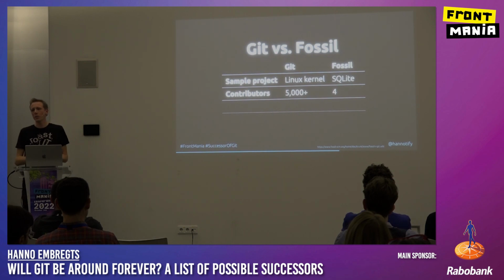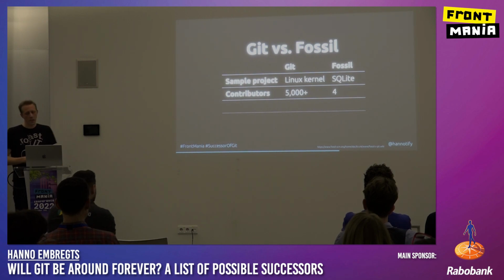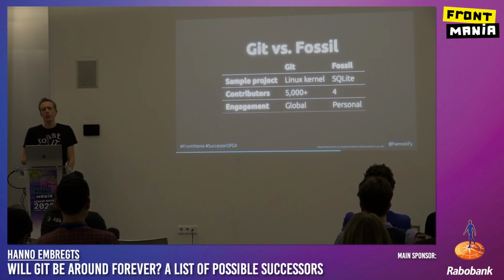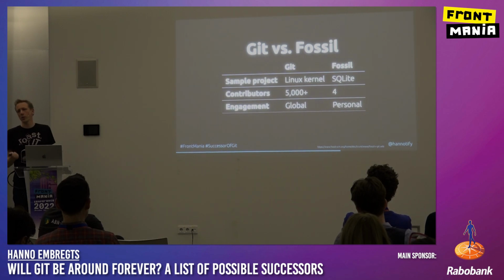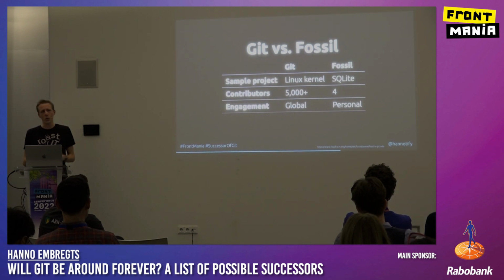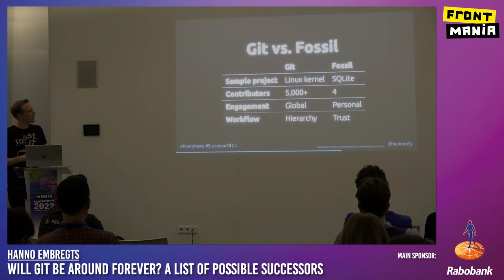Yeah, a small team working closely together, and they have all their UI stuff right there on their local machines. And the engagement is quite personal. Every committer of the Fossil and the SQLite project knows each other personally, whereas with Git, it's global engagement, more than 5,000 contributors, so you don't know them personally, which also leads to a different workflow.